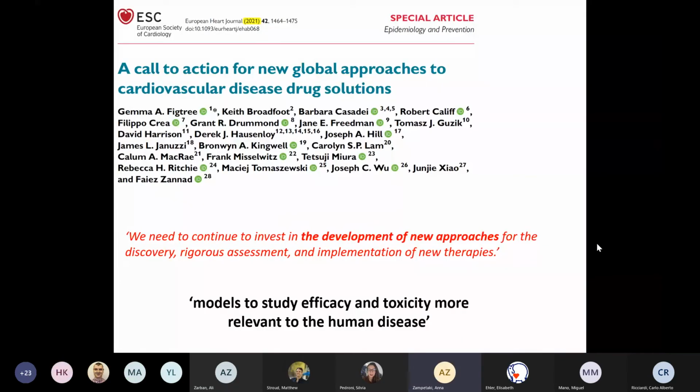So as I was saying, the European Society of Cardiology issued this call to action. And what they pointed out is that we don't really have sufficient drugs to address cardiovascular diseases. We need the development of new approaches and the implementation of new therapies. Most of all, we need models that are more relevant to human disease.